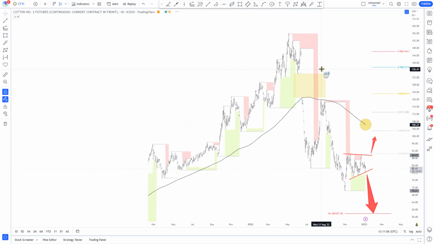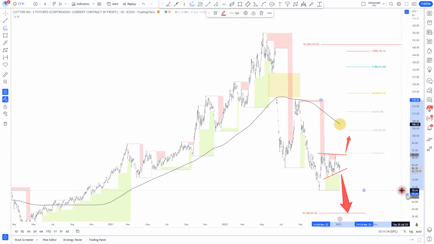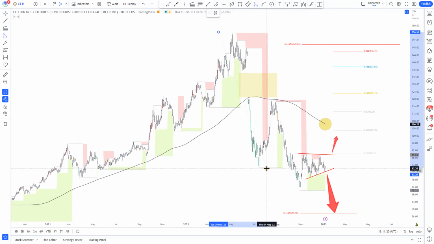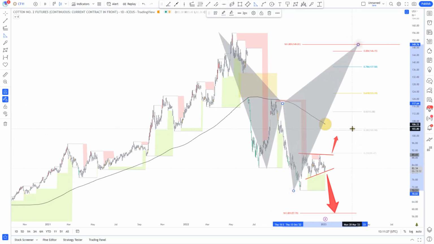I will not be surprised to see a move to the upside also later, and if that starts to happen, there are also patterns projected at the highs, specifically the shark pattern, false breakout below, and then a bounce towards the highs.